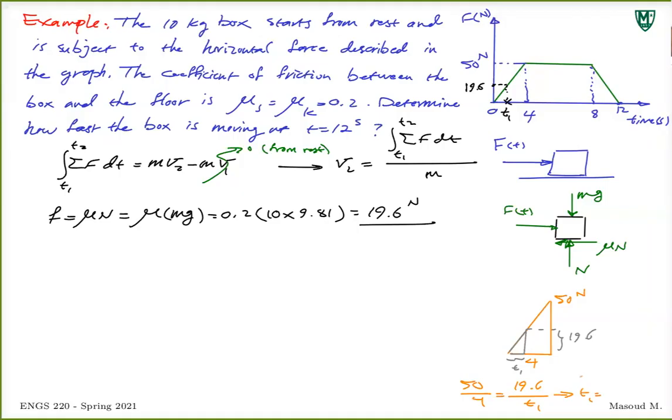Let me write it. Did I write it in a good way? I think it is. T1 becomes 4 times 19.6 over 50. Today is not a good day for my calculation. I got 1.568 seconds. Hopefully that's the number, because I did the rest of my calculation based on that.